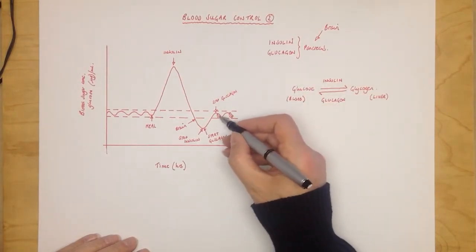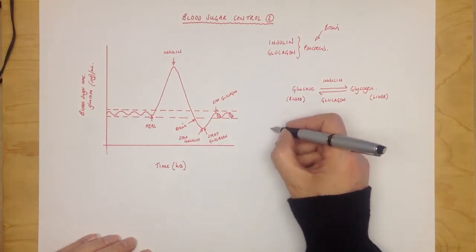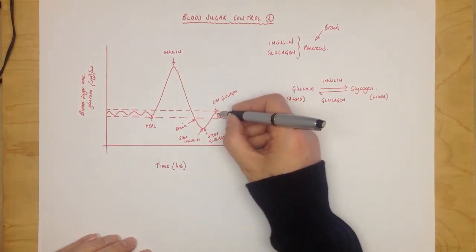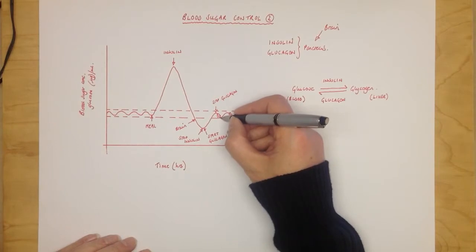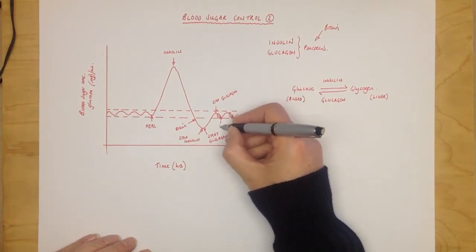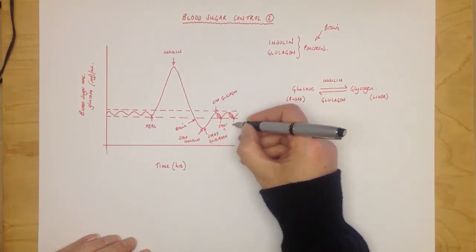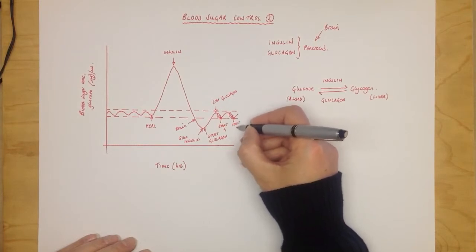Now, why does it fall here? Well, that's because the body is using the glucose in respiration. As respiration uses the glucose, it falls again. So at this point here, if it continued, that would be start glucagon again, and so would this one, because it starts dropping too low.